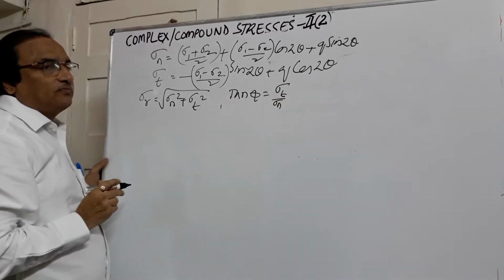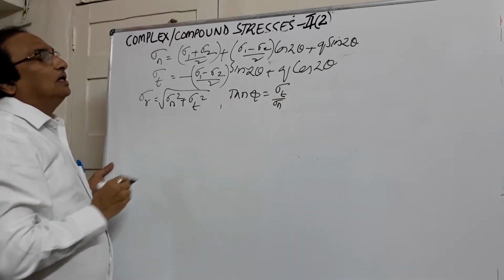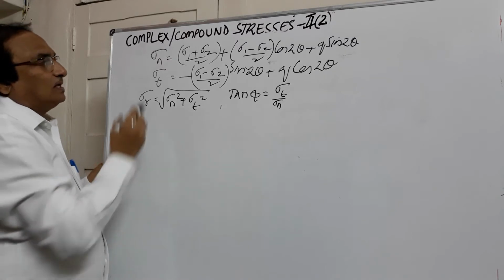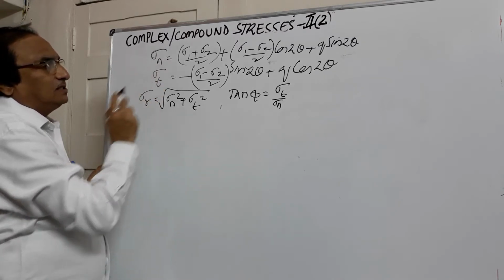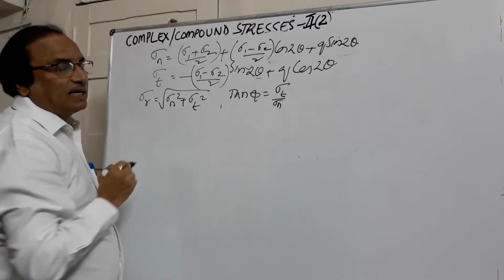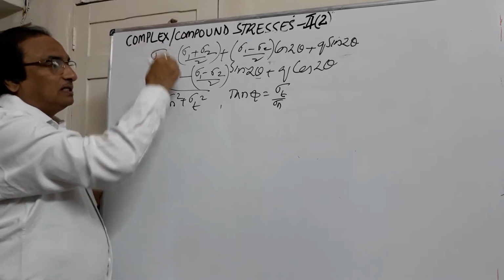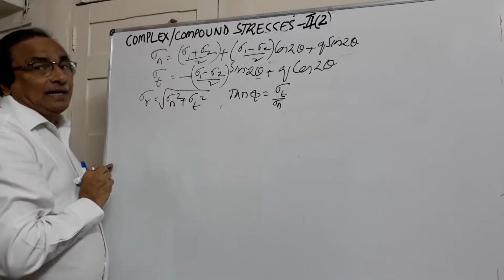These are the things we saw in the last video. Using this, we find the normal and tangential stresses on a plane making an angle theta. This method is known as the analytical method.